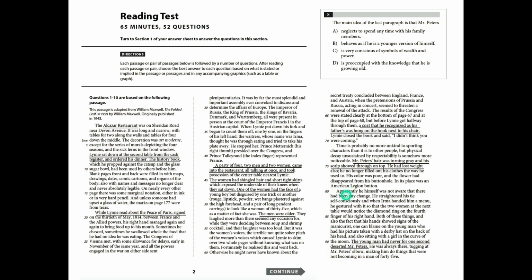The first sentence is apparently he himself was not aware that there had been any change. So this sentence is referring to the preceding paragraph where the narrator's describing Mr. Peters as aging and shriveling, okay, just getting older.